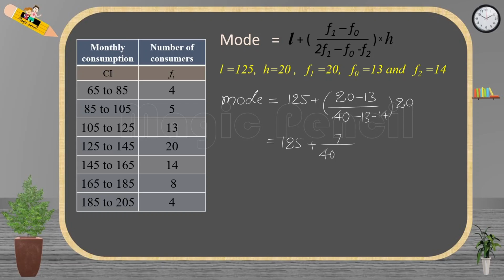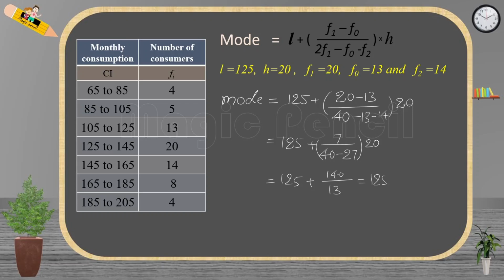Here 13 and 14 are two negative numbers, so when you add, you get minus 27. Next, 125 plus 7 into 20 gives us 140, and 40 minus 27 gives us 13.